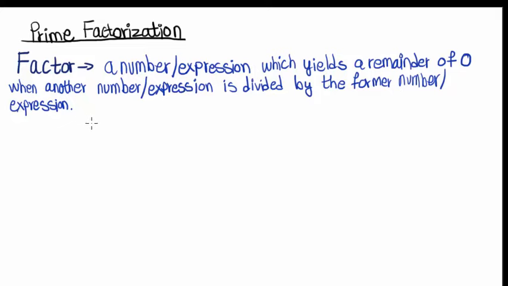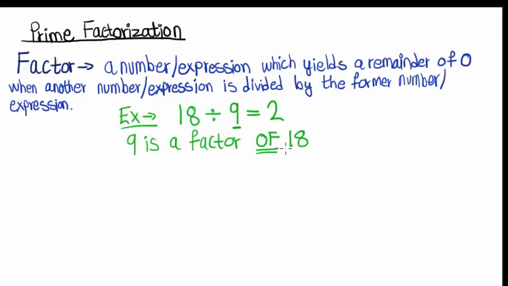So if you're thoroughly confused by this definition, let me give you a few examples. Let's say I have something such as 18 divided by 9 equals 2. In this case, the number 9 is an example of a factor of the number 18. This is true because when I divide the number 18 by the number 9, I will get an answer with a remainder of 0.